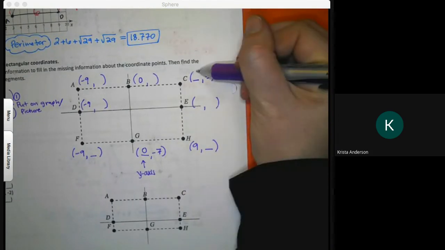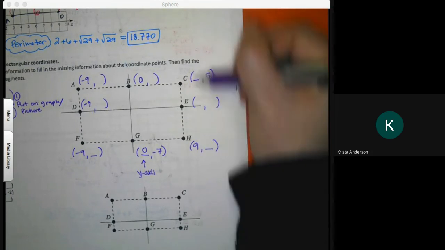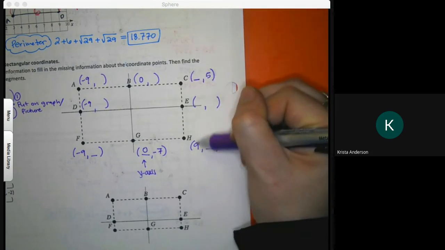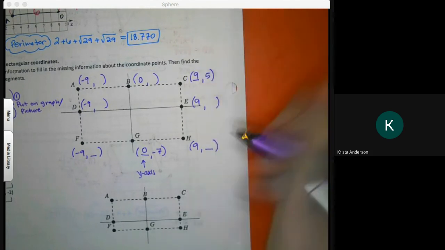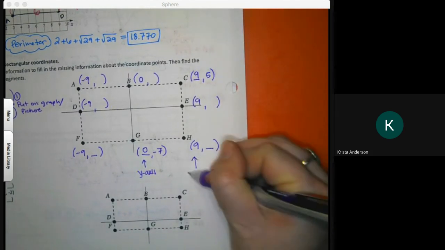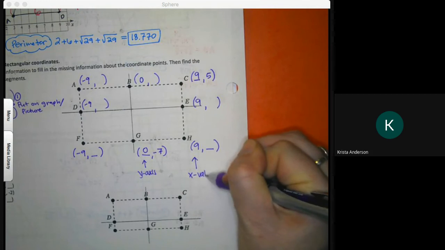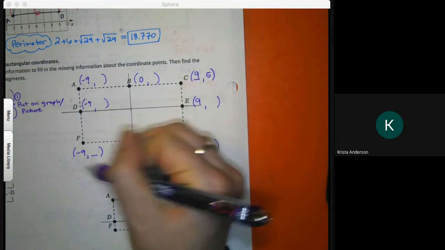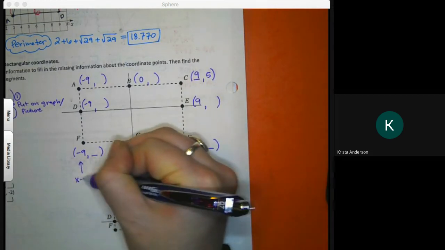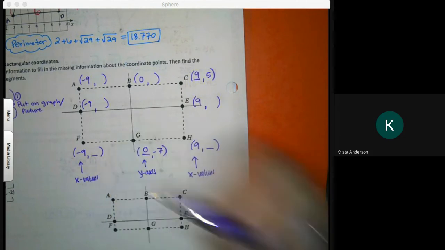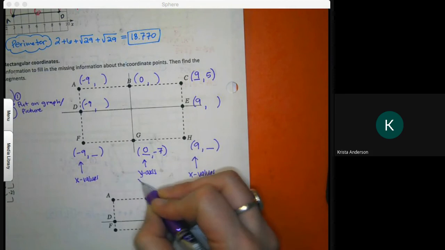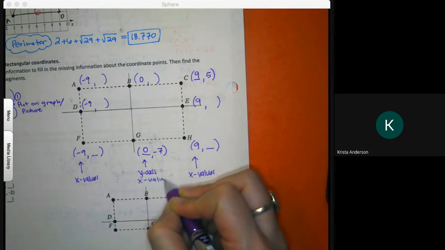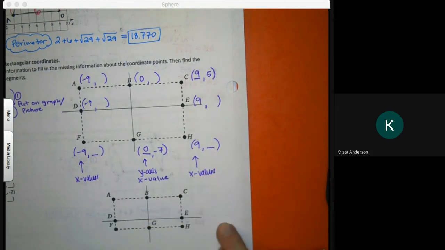And then do you know what this x should be? So those are my x values.